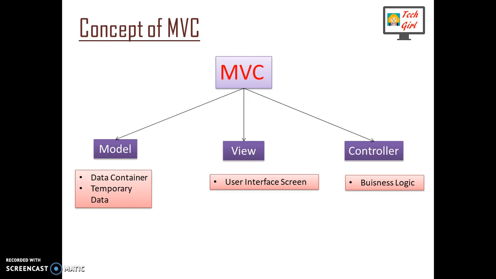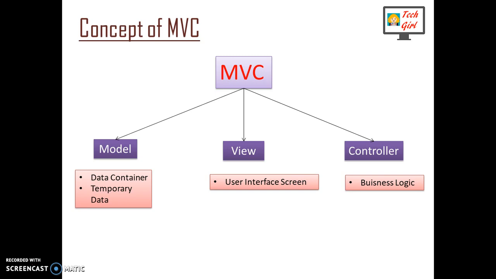But model is a data container. Some sort of data which we need for a time being is saved into the model and used over there, which is temporary data. A model is created from the permanent data.